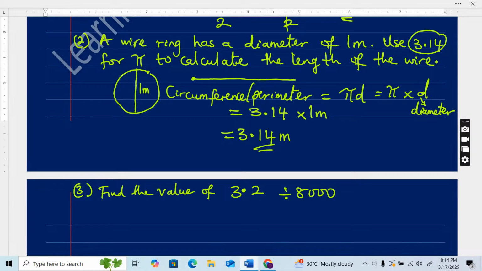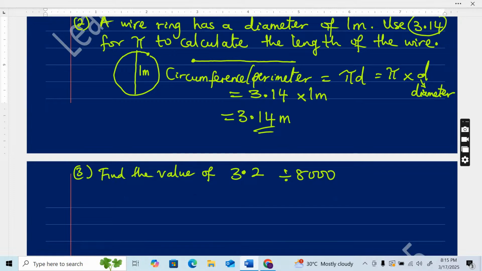When you're dividing or multiplying by a decimal, you can change the decimal to a fraction, so that it can be easy for you to multiply or divide.